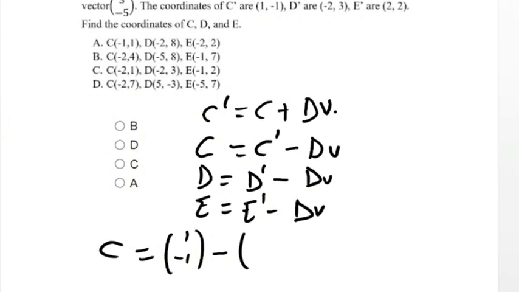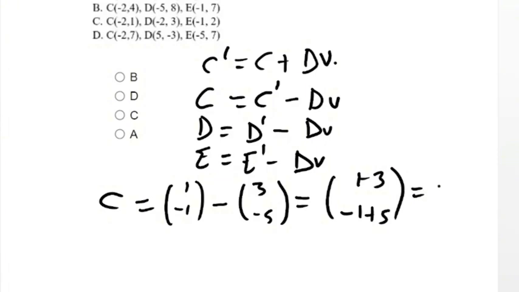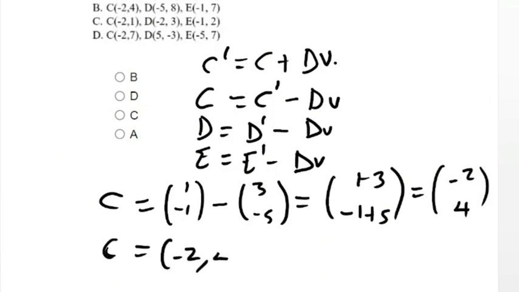So it is 1 minus 3, then -1 plus 5, which equals -2, 4. So C equals -2, comma 4.